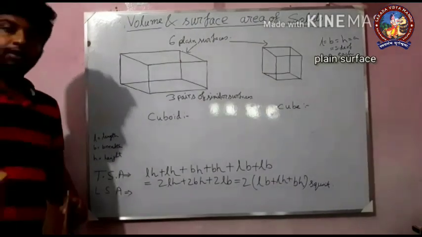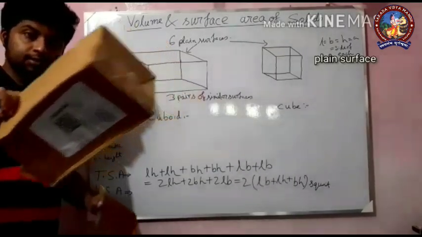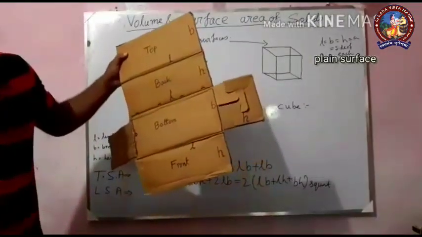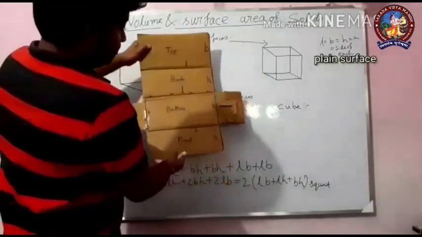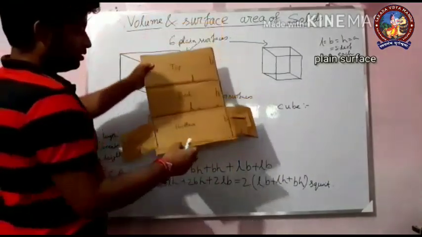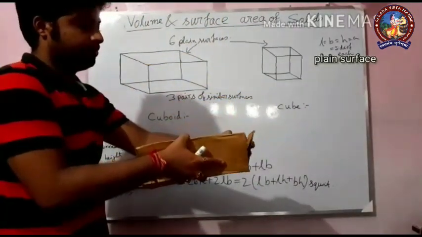Now, I have taken exactly the same size box like this, and I have opened the box in this way by cutting some of the edges. Now see here, this is the length. The box was actually in this shape.